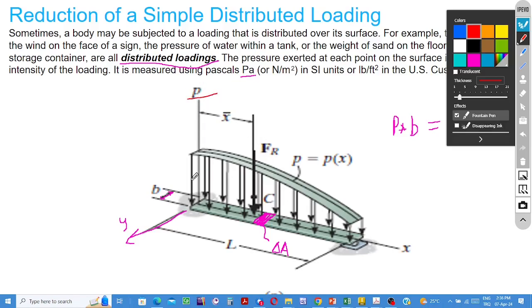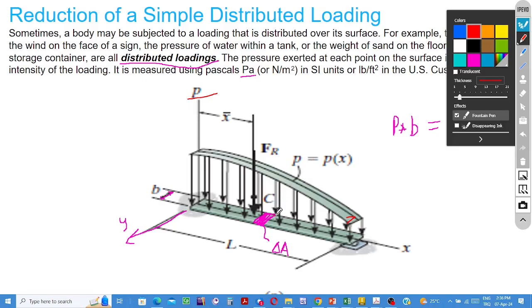We have the load diagram, which in the example is a function of x. The distributed load is expressed in units of pressure, and pressure is a function of x, not of y.